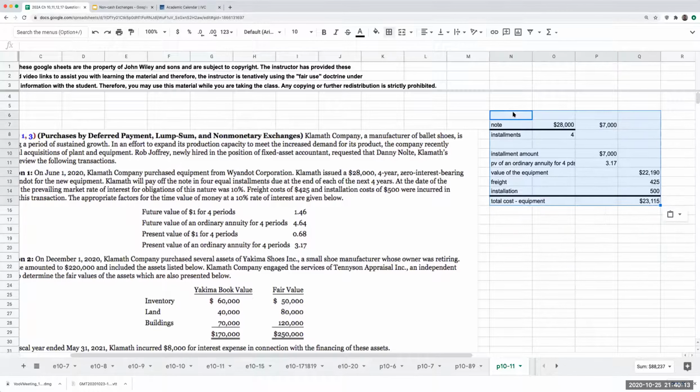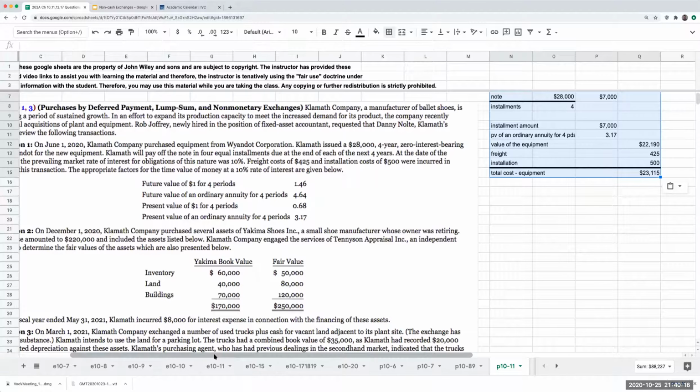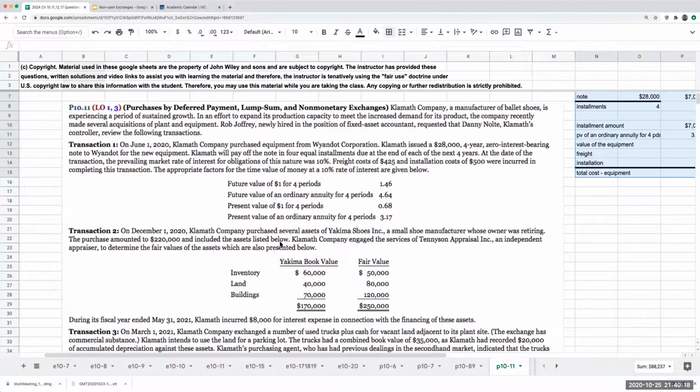For this next one, it's kind of interesting. Klamath purchased several assets of Yakima Shoes, a small shoe manufacturer whose owner was retiring. The purchase amounted to $220,000 and included the assets listed below. Klamath engaged the services of Tennyson Appraisal, an independent appraiser, to determine the fair values of the assets.